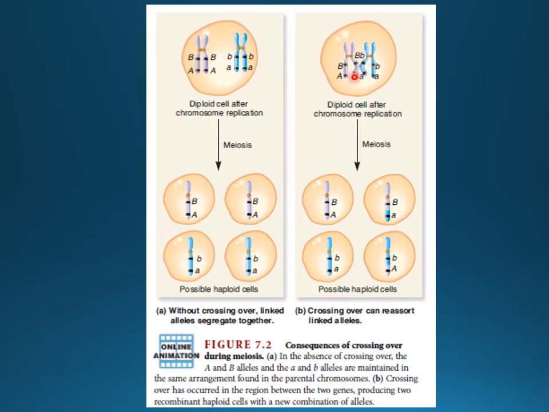And when crossing over takes place, there is a different combination in possible haploid cells.